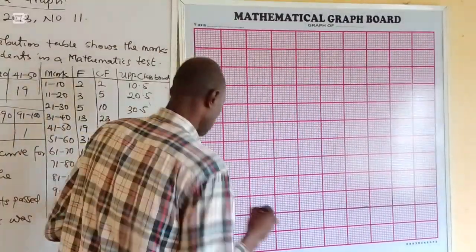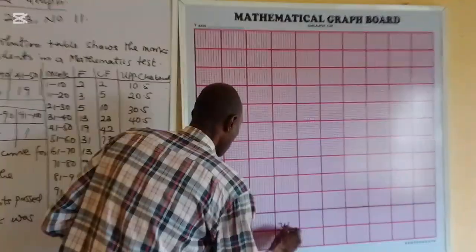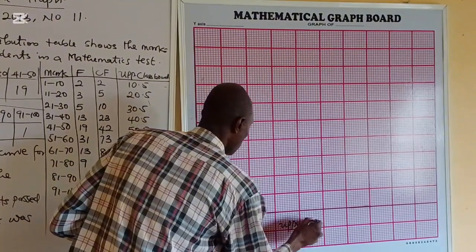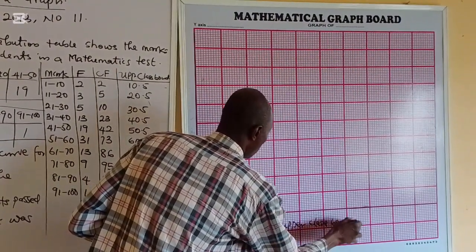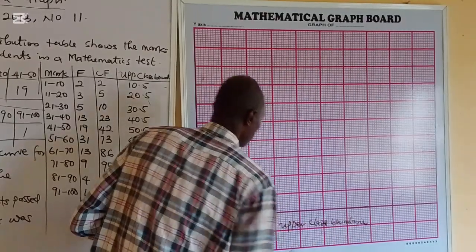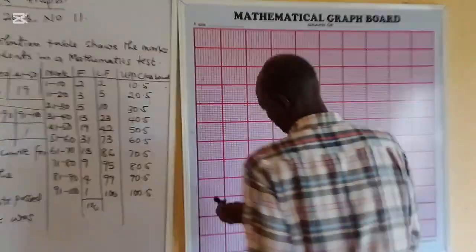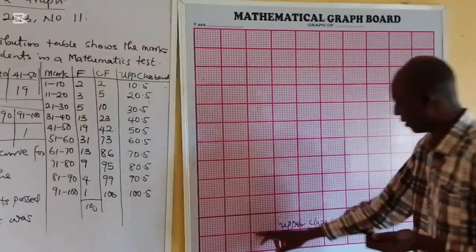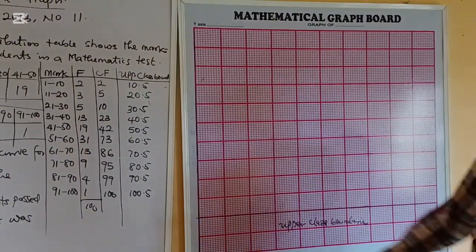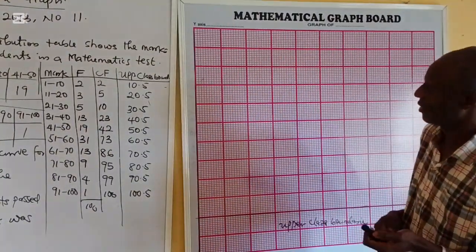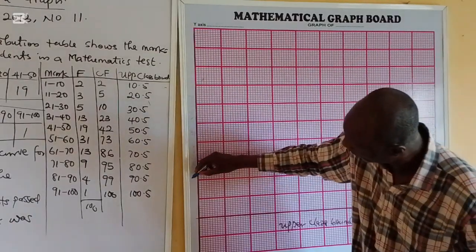So the x-axis is our upper class boundary, while the y-axis is our cumulative frequency.